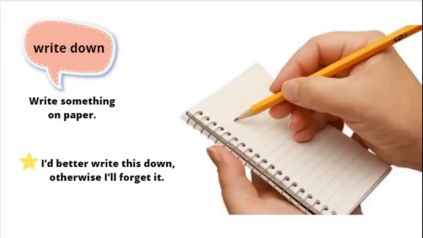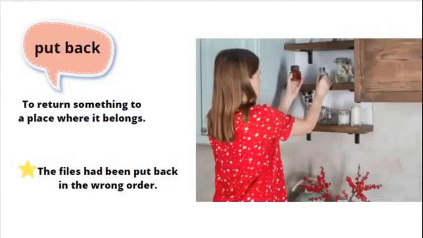Write down. Write down means write something on paper. Example: I'd better write this down, otherwise I'll forget it. Put back. Put back means to return something to a place where it belongs. Example: The files have been put back in the wrong order.